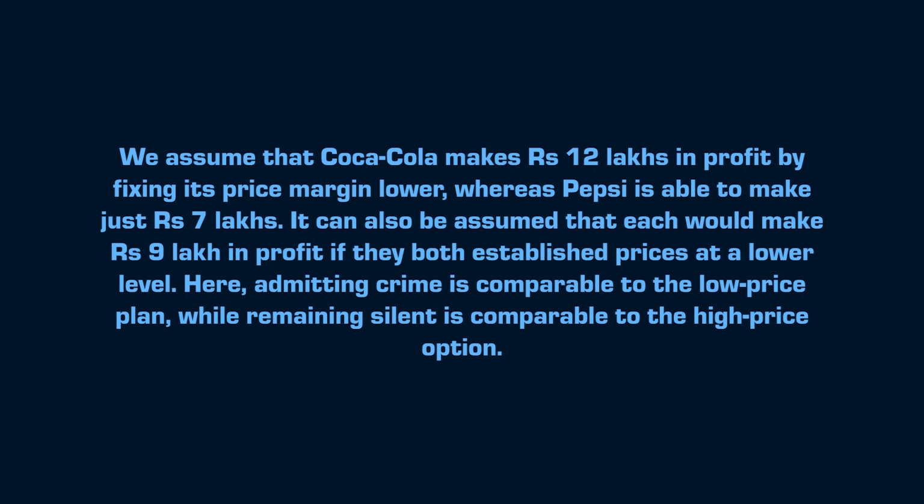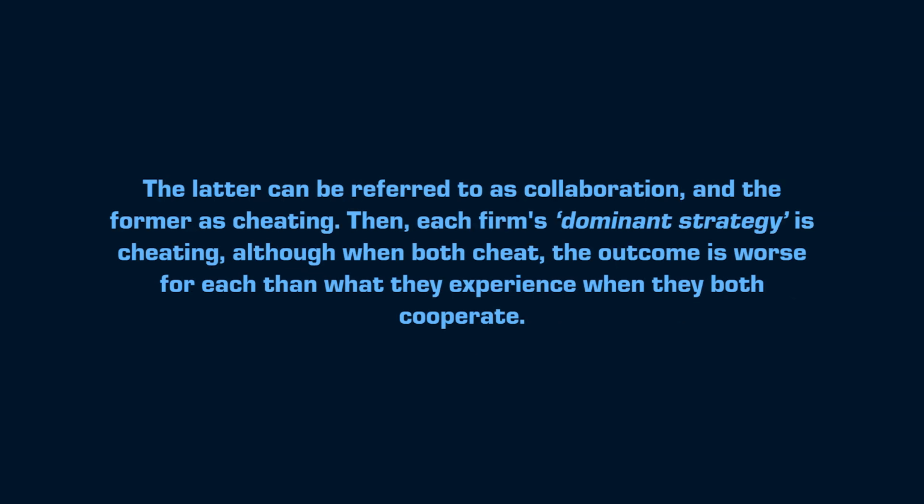Here, admitting crime is comparable to the low price plan, while remaining silent is comparable to the high price option. The latter can be referred to as collaboration and the former as cheating. Then each firm's dominant strategy is cheating, although when both cheat, the outcome is worse for each than what they experience when they both cooperate.